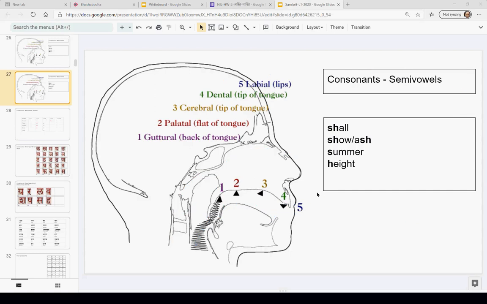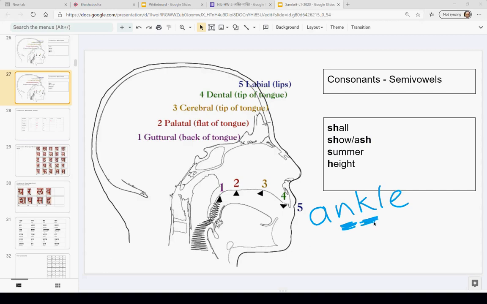Okay, so let's take examples from English words. For the first one, nga, it is like when you say ankle, or uncle. Here the writing in English is n, and after that the syllable ka is there.